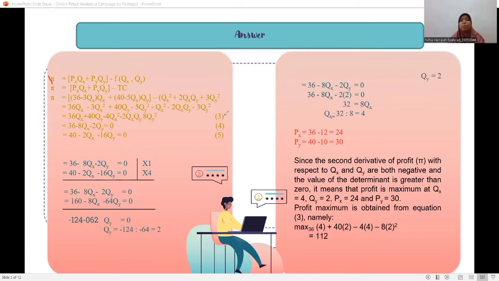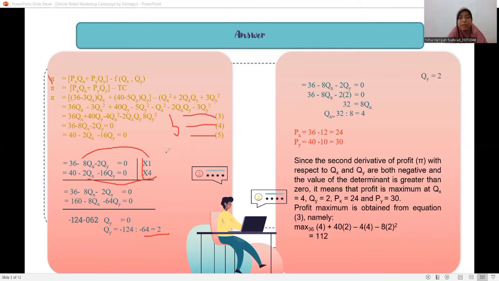Then we make the equations: first equation, second, third, fourth, and fifth equation. After we get the results, we make substitution. Here in the substitution, we use equations 1 and 4. We multiply this equation by 2 and this equation by 4, until we get the result here.